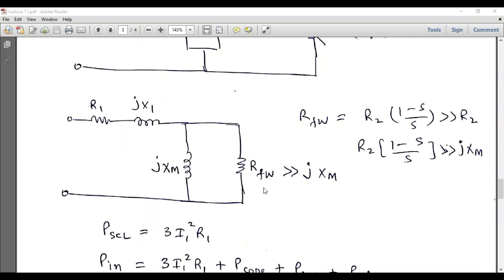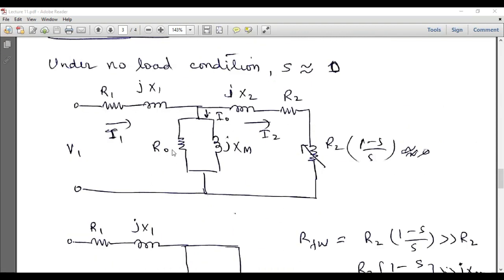So in this case, this friction and windage loss resistor is very much greater than this magnetizing reactance, and similarly this R converted is also very much greater than this R2. Okay, so this is R2 and this is the magnetizing reactance.